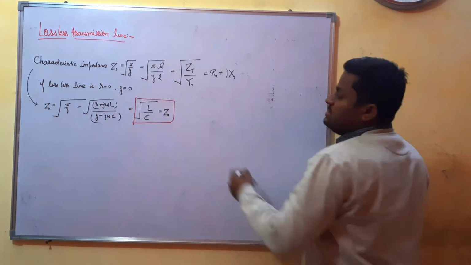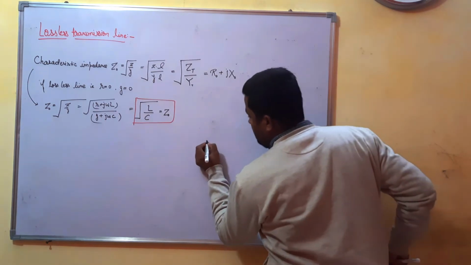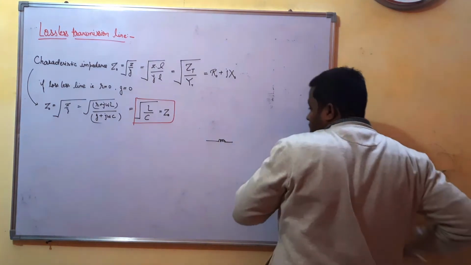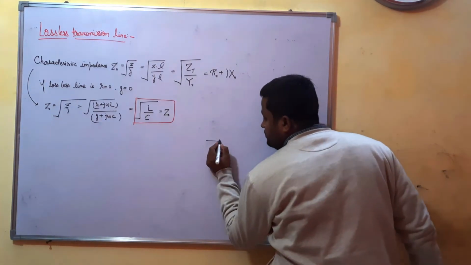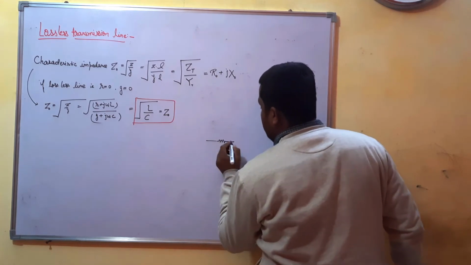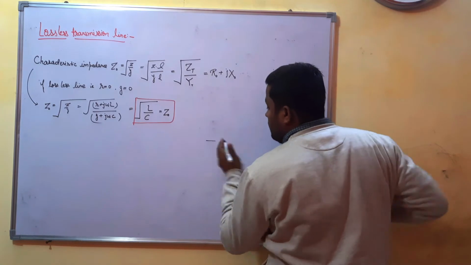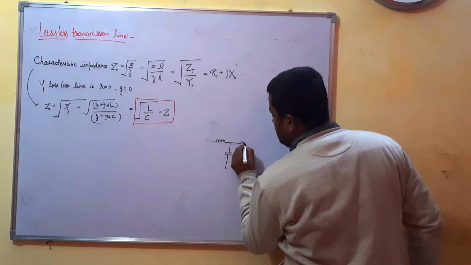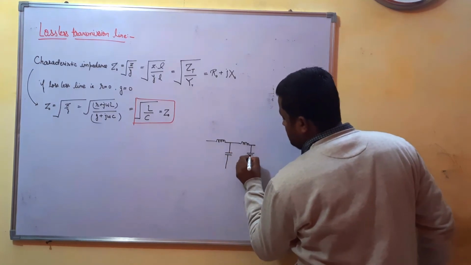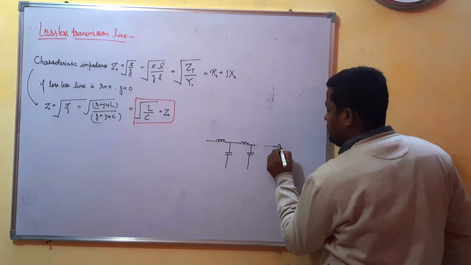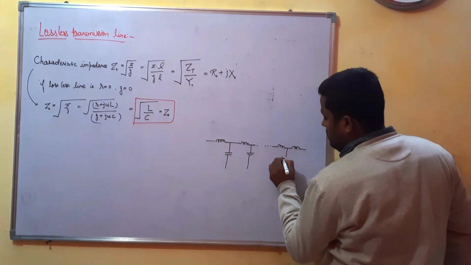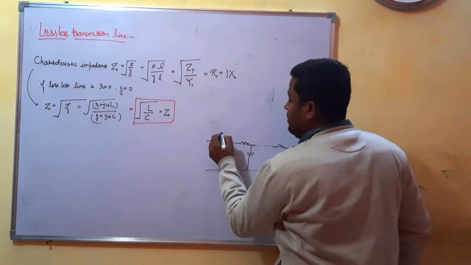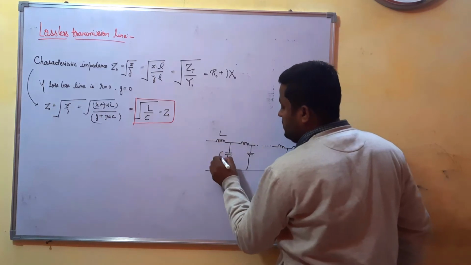This means that if we assume a lossless line, the model will be as shown here. Resistance is absent. This is the series inductance. This is the shunt capacitance. This is the series inductance, this is the shunt capacitance, and so on along the line.